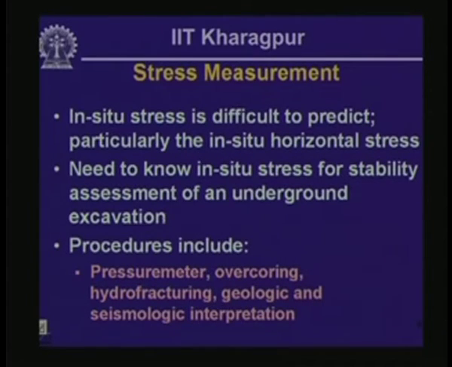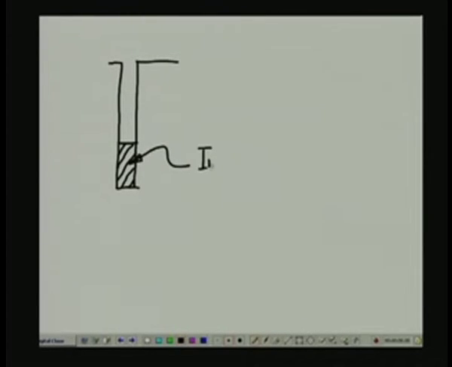We also can do overcoring, and the procedure of overcoring is like this. First of all, we have to drill a small diameter hole, and inside the hole we insert an instrument which allows us to measure strain in several different directions.